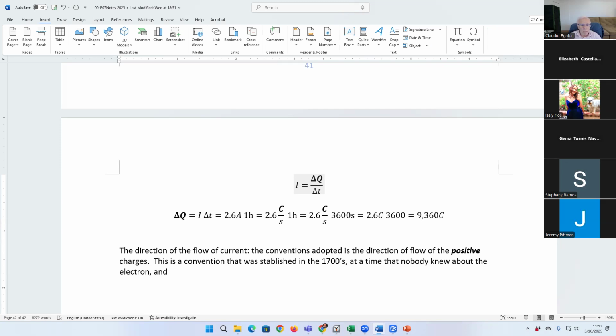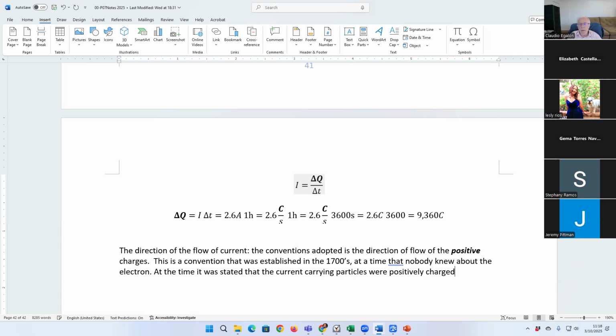And at the time, it was stated that the current carrying particles were positively charged.